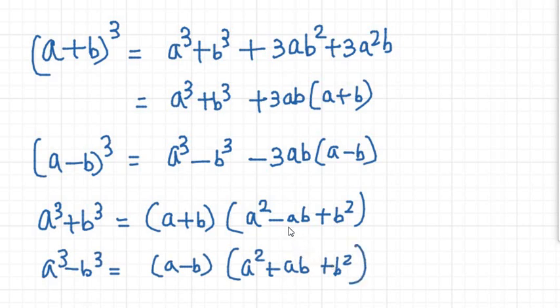Please note that it is not 2AB, it is only AB. Please note that here plus, here minus. If this becomes plus, then this is minus. If this becomes minus, this is plus, not 2AB. So note this, this is very important for simplifications. So these are enough. So first memorize those things.